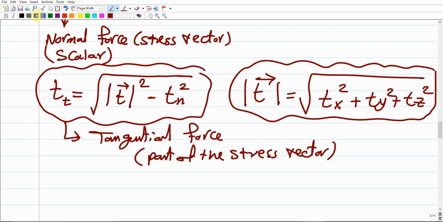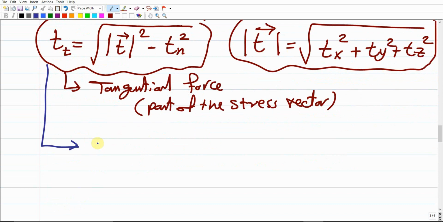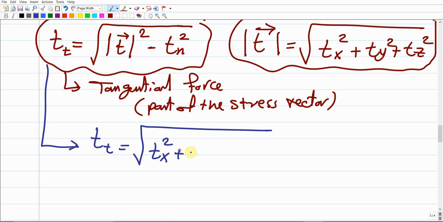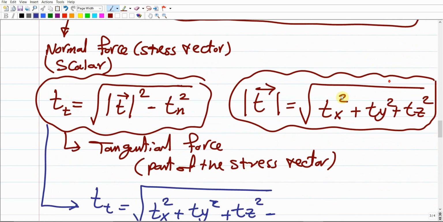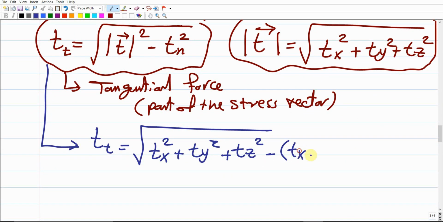So if I decided to write this one in terms of the components of the stress vector, we're going to have the tangential component as the square root of this magnitude squared, where the square is going to get rid of the square root. So this is going to give us tx squared plus ty squared plus tz squared minus the t normal squared, and we define the t normal as the sum of all of these different terms, which is going to be tx nx plus ty ny plus tz nz.